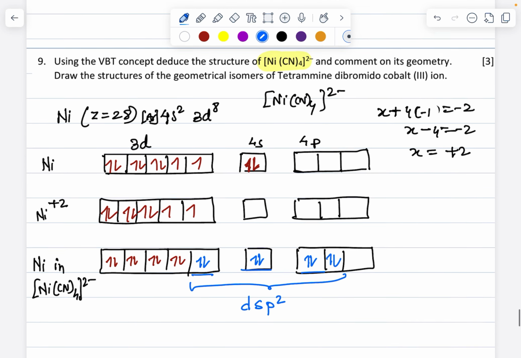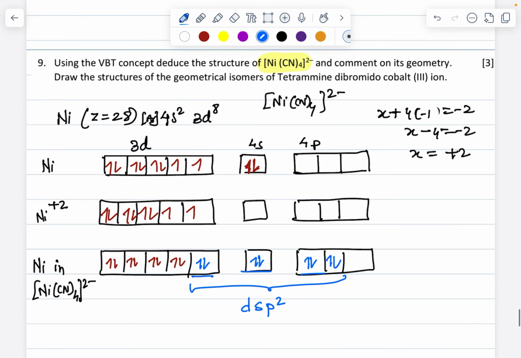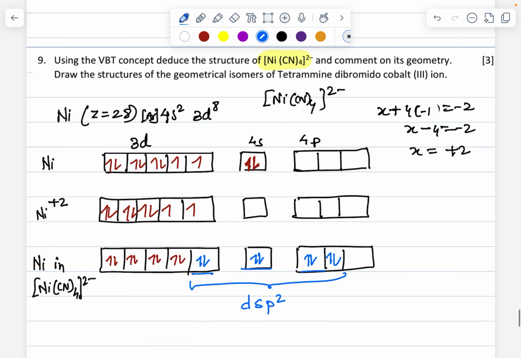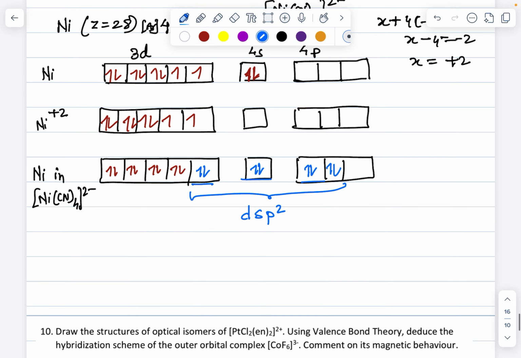If hybridization is this, comment on the geometry. Since hybridization is dsp2, the structure is square planar.